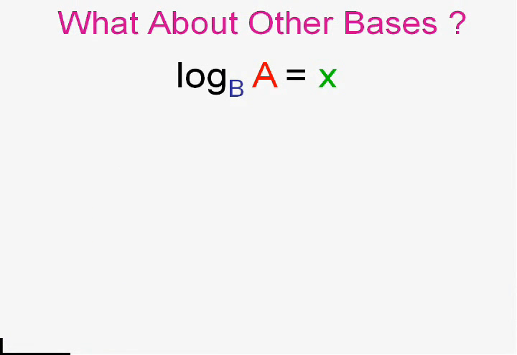What about other bases, though? Well, consider if the log base b of a equals x. Then, let's rewrite it in exponential form. The base b to the x equals a, doesn't it? Now, I've left a little room in there because I'm going to play a trick. As long as I do the same thing to both sides, it's fair.